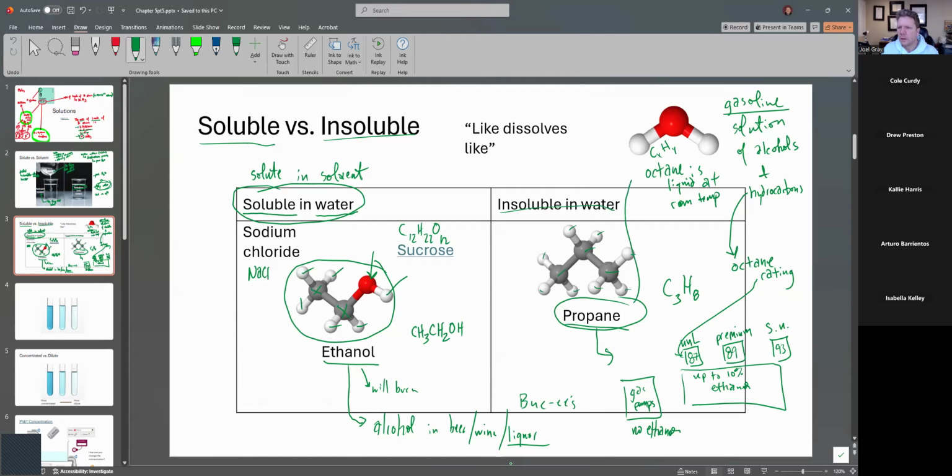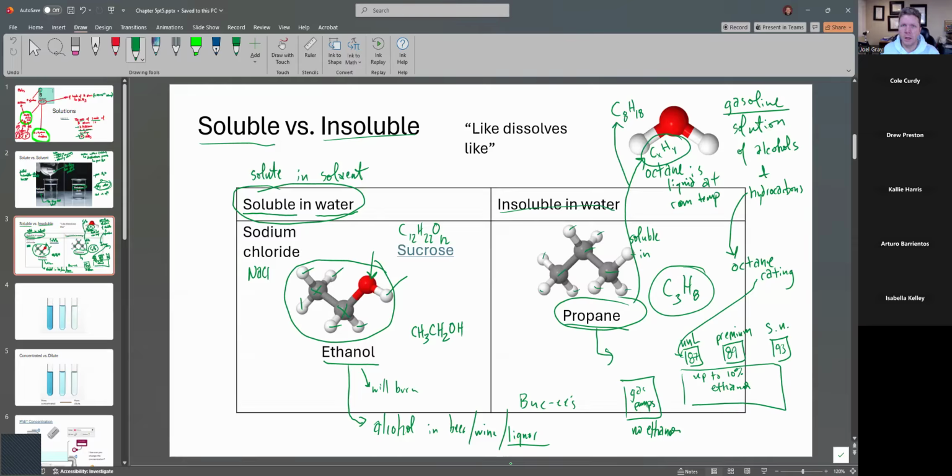And propane is soluble in octane. Whenever I say that, I mean C3H8 and CxHy. I'll give you the actual formula for octane, C8, and that is H18, if I remember correctly. Yes, so that is octane.